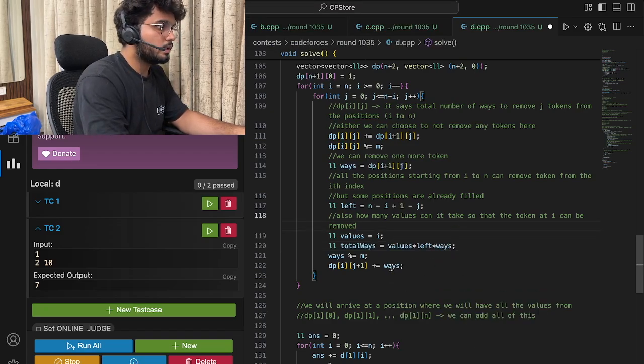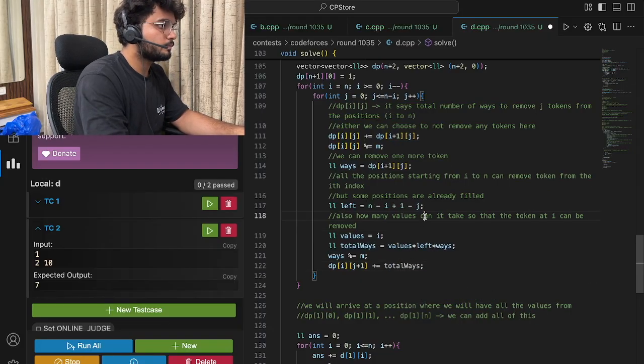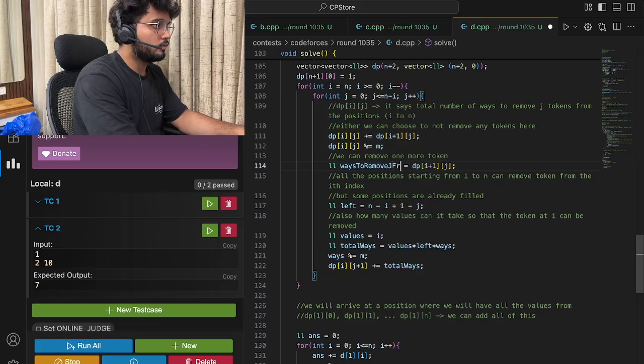Ways. Let me explain this again. Let's rename it as ways to remove j from next position. Okay.